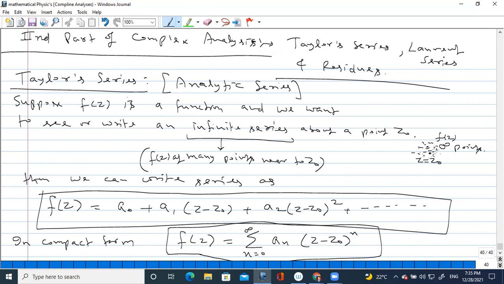Okay, now here this constant an gives you the differential or derivatives of this function. This constant an is made up of derivatives of that function at point z0.